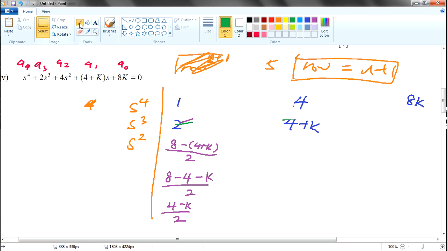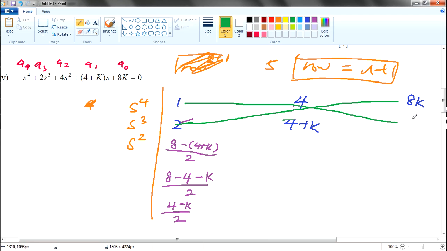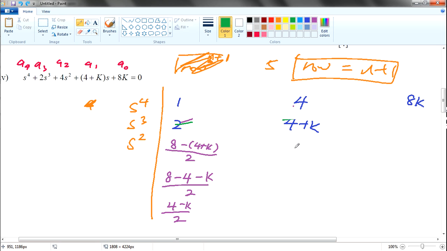If you remember our Routh array method, this times this, 2 times 8k, minus away 1 times some values over here. If there is not, then you know it's 0, and then divided back by 2. In other words, it should be 2 times 8k divided by 2.